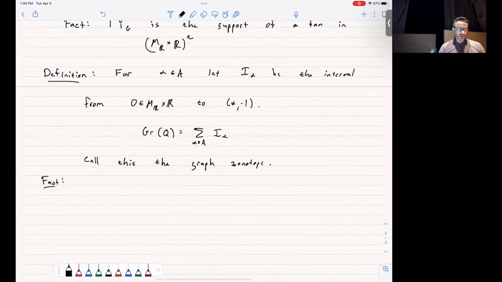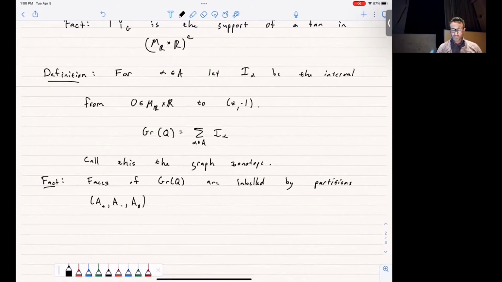There are some elementary facts which aren't hard to see, but the faces have a natural interpretation. They're labeled by partitions of the vertices, A plus, A minus, A naught, which can be realized by essentially taking an affine function and taking the vertices where the affine function is positive, zero, and negative.